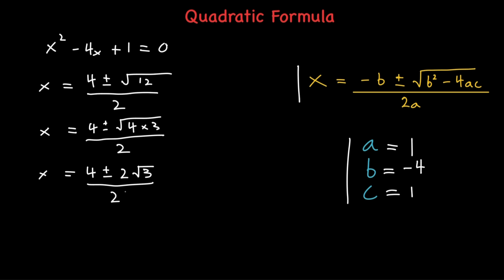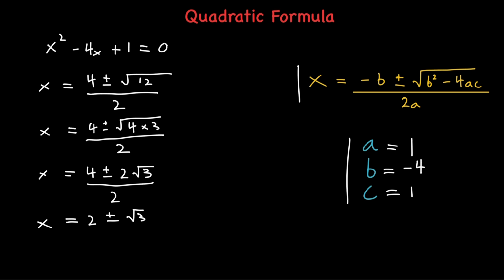So we can get rid of the denominator in this expression. If we divide all the numbers by 2, we're left with 4 divided by 2 is just 2, plus or minus 2 divided by 2 is 1, so we're left with just the root 3. And in the denominator, 2 divided by 2 is also 1, so we don't need a denominator anymore.